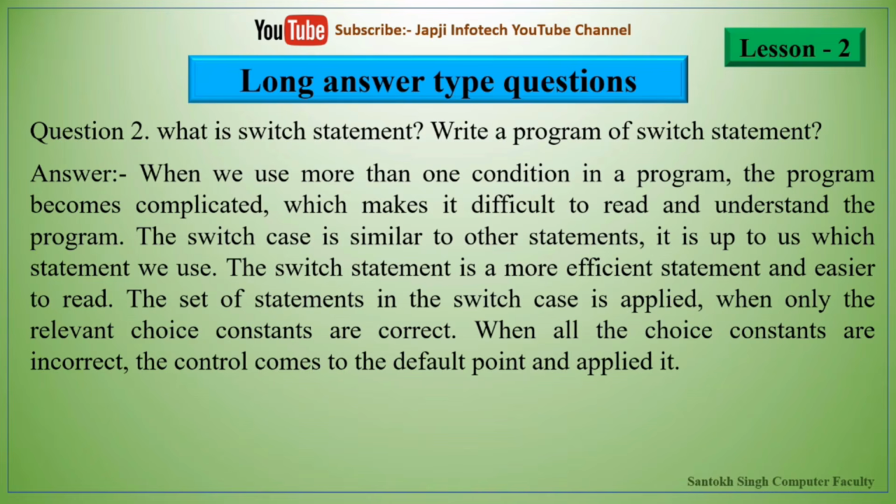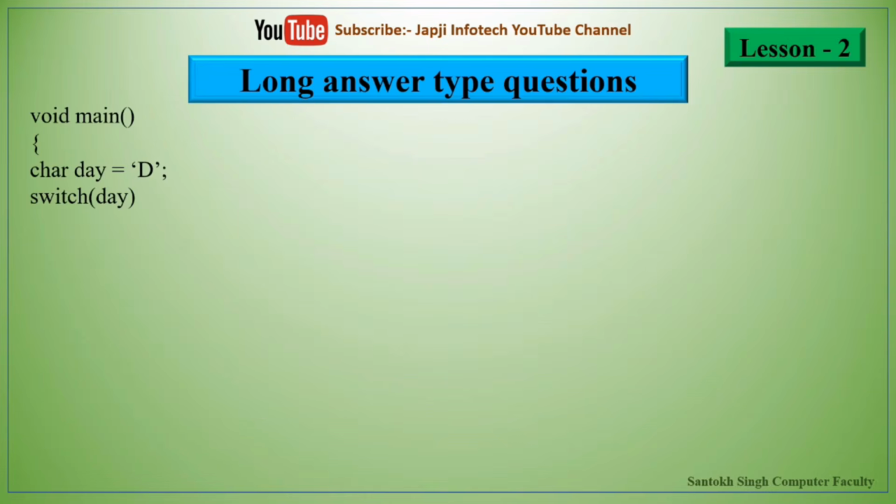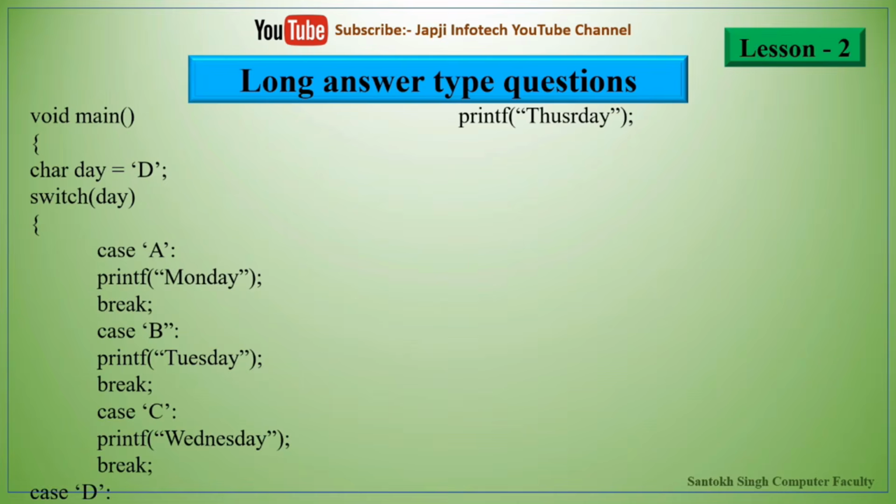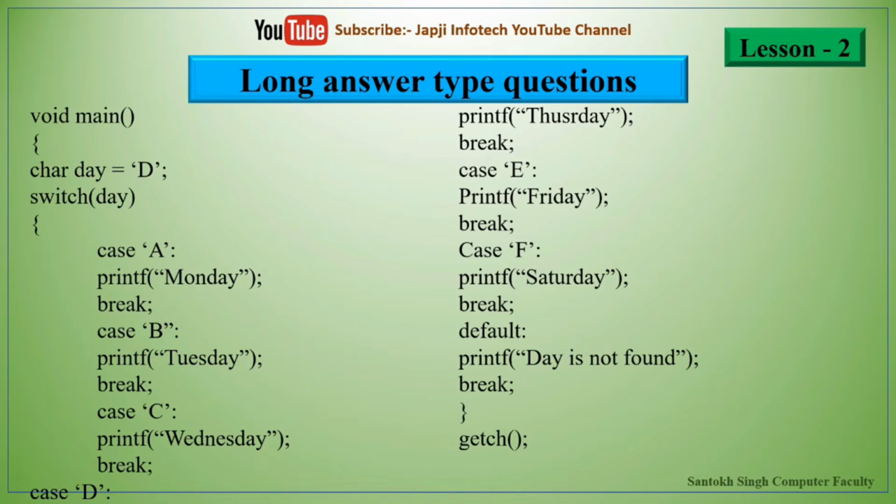When all the choice constants are incorrect, the control comes to the default point and applies it. So the switch statement program is: the letter D is compared with all the cases, where the D character matches it prints that case block. It means it prints Thursday as the output, and the control comes out of the switch block.